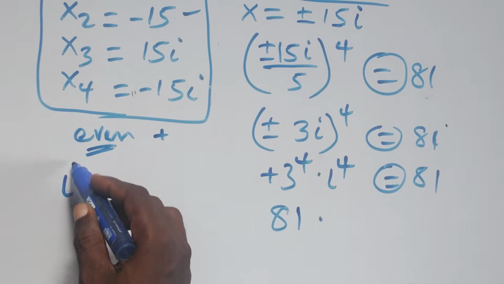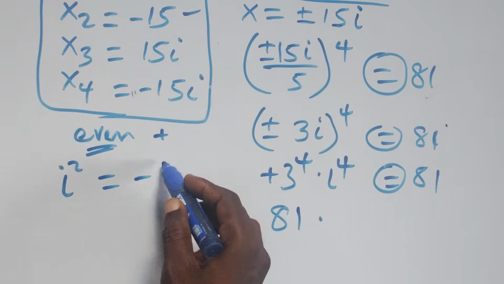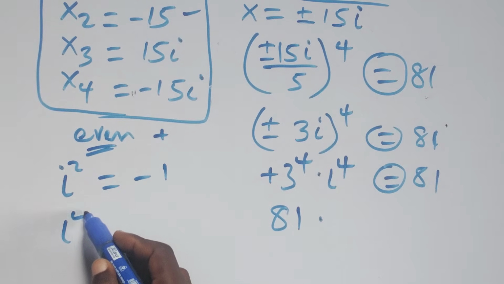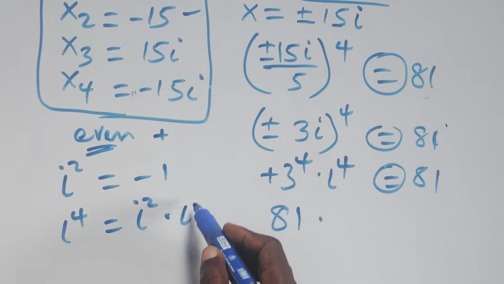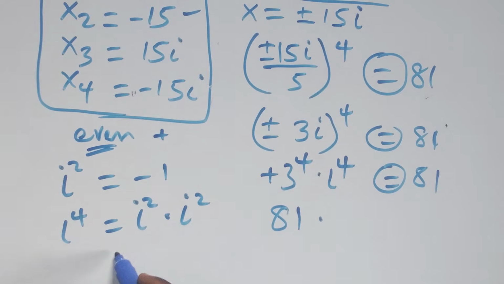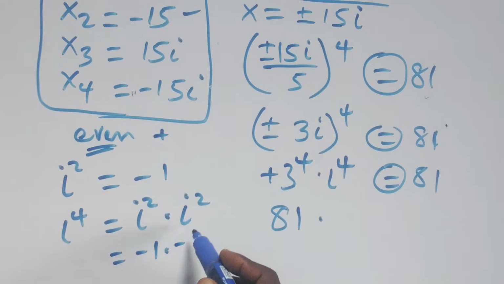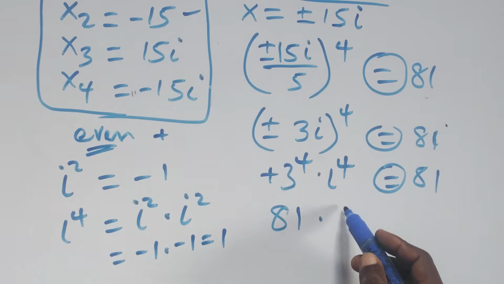We should note that i square is minus 1. So i raised to power 4 means i square times i square, which is minus 1 times minus 1, which equals 1. So i raised to power 4 here is 1.